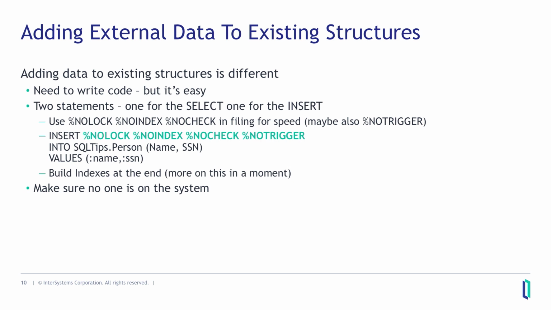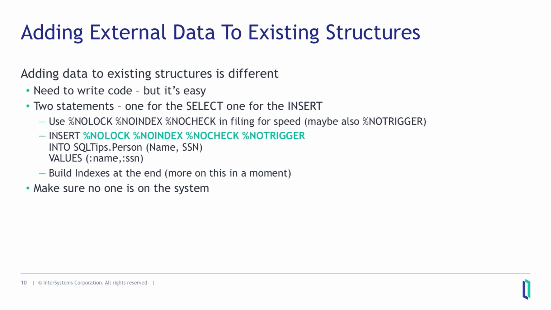But I know a lot of you guys already have your relational structures built up, and you need to put your data in tables that exist. You do need to write code to do that, but it's easy. You need two statements, one select to get your data out, one insert to put the data in. The recommendation I do make for this is to use %NOLOCK, %NOINDEX, %NOCHECK, maybe %NOTRIGGER.